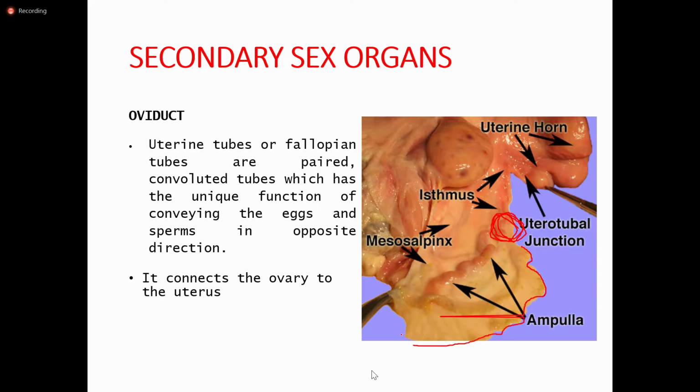So this is the fimbria, the fringe structure that wraps the ovary. Once ovulation happens, this serves as a support structure that could catch the ovulated egg.